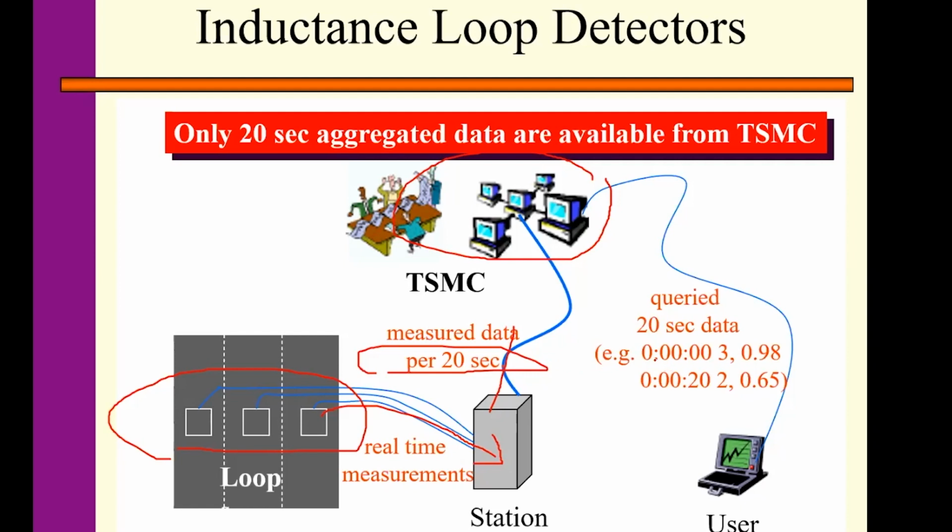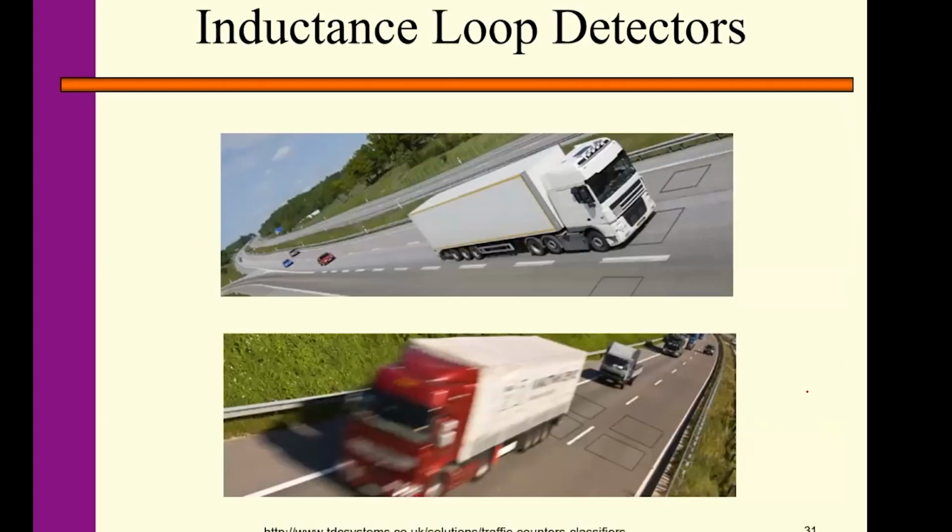Some issues associated with such a data aggregation process are related to the sensor sensitivity level and the sensor data delay. But from the operation purposes, those 20-second and 30-second data provide sufficient accuracy for most applications.